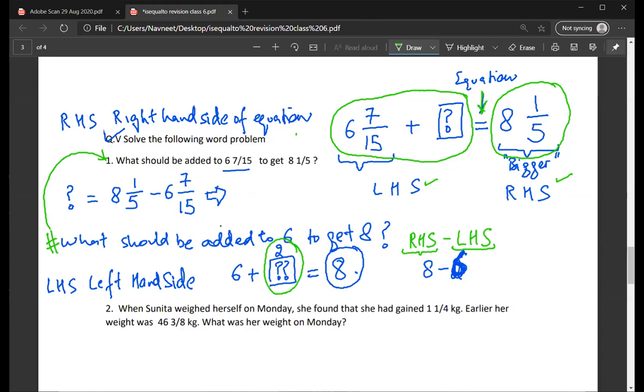Satya, is there a doubt? No, sir. So what should be added to 6 7/15 to get 8 1/5? Then I need to find this. Same logic, I need to subtract the left hand side from the right hand side, which means 8 1/5 minus 6 7/15.